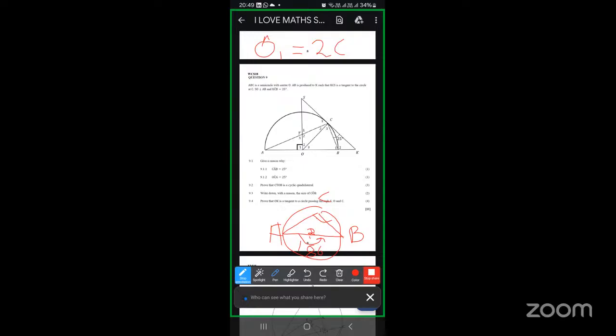So we already have O1 as 180 degrees. We just want to find that angle C. That's where we are going to divide by 2, because we want the angle at the circumference, not the angle at the center. Therefore, angle C will be 90 degrees. Do you now get it?